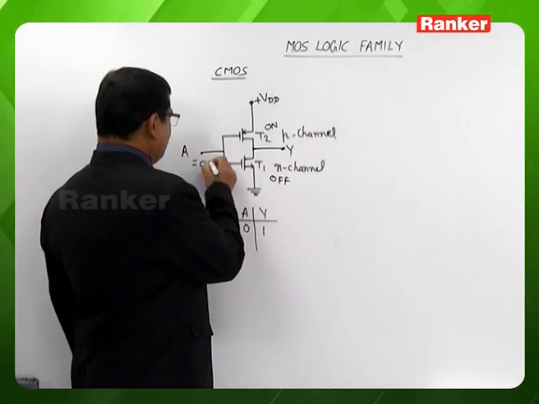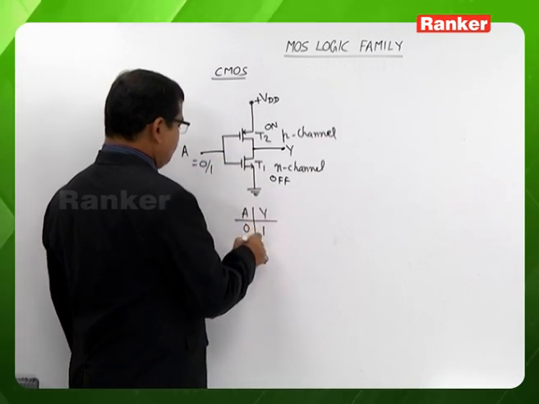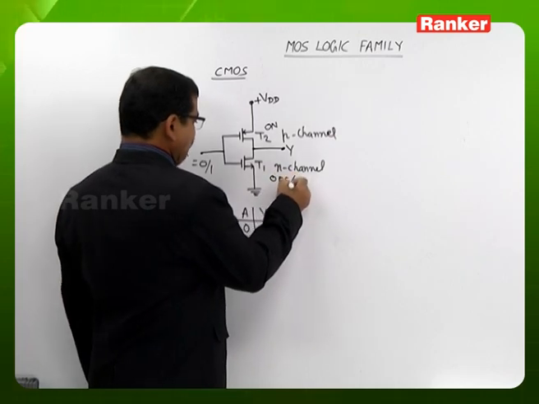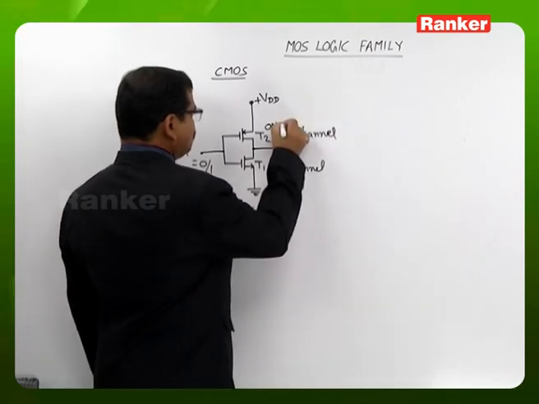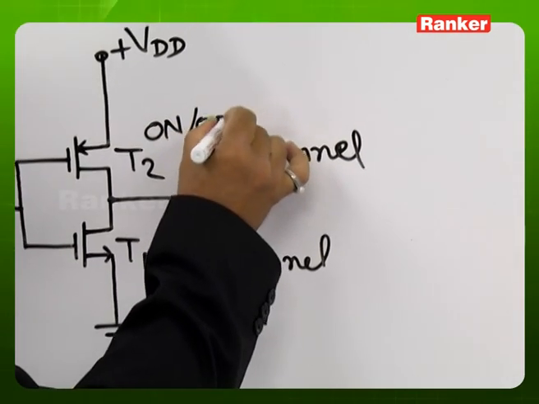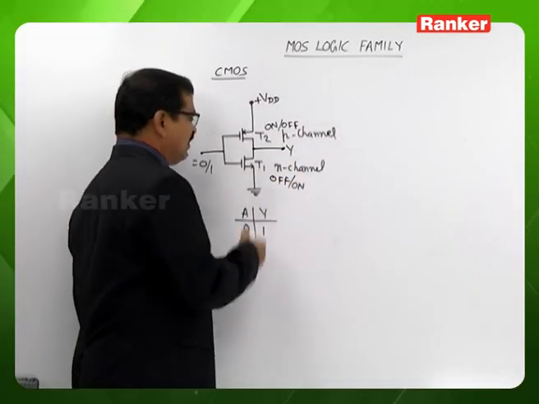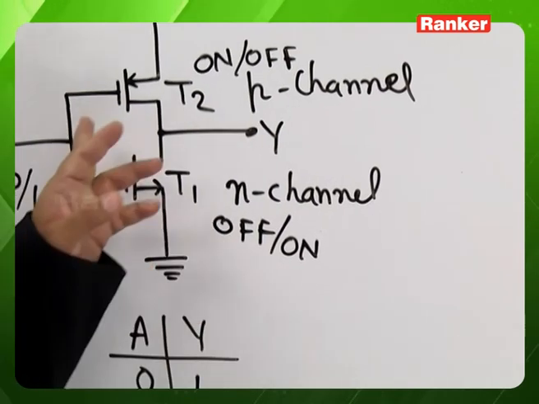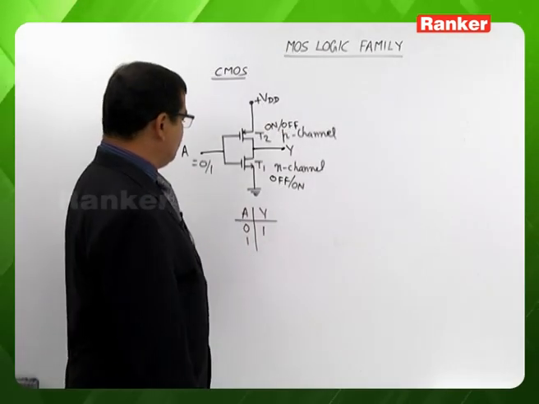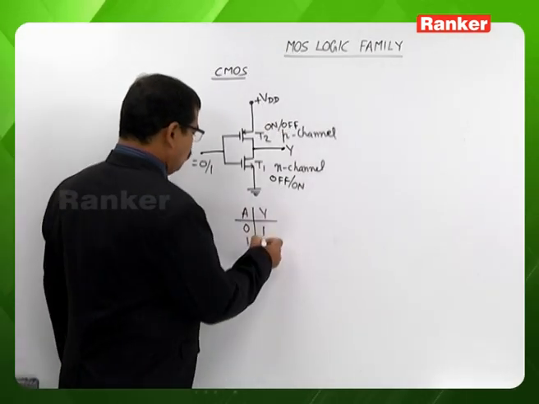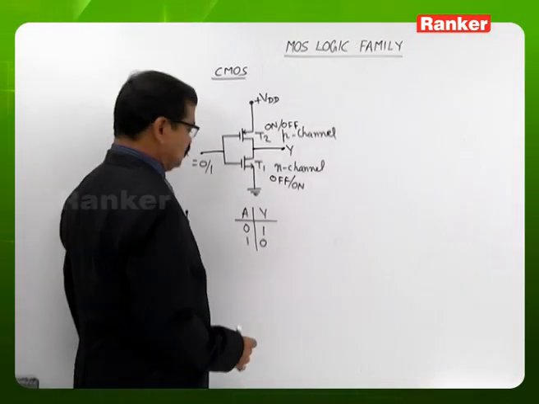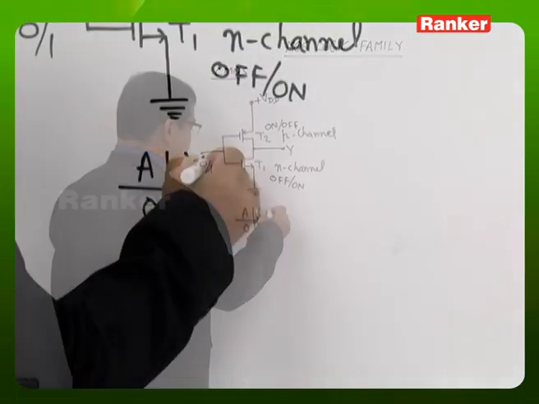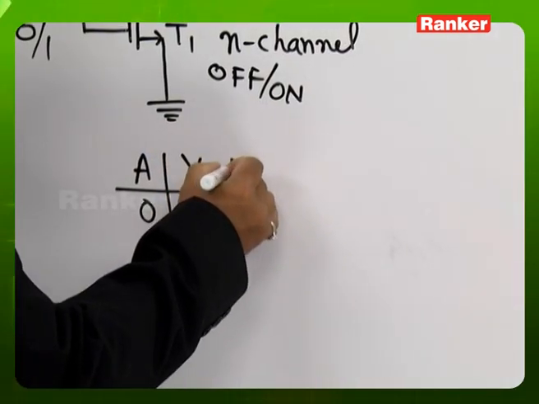And whenever input A is 1, then N channel MOSFET will be on and P channel MOSFET will be in the off state. Whenever N channel MOSFET is on, from the output to the ground impedance becomes 0. Whenever the impedance is 0, output will be logic 0. So we are looking to the operation of this circuit as a NOT gate.